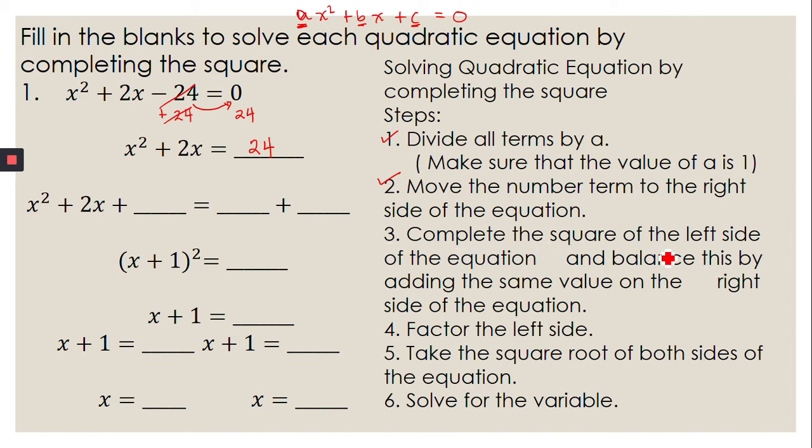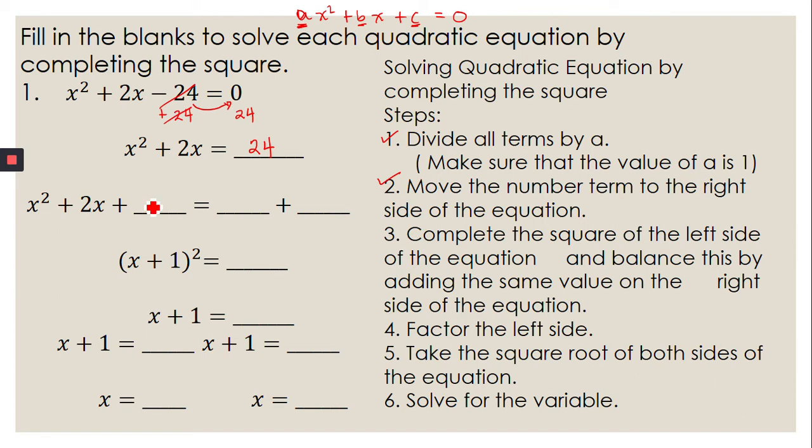Complete the square of the left side of the equation and balance this by adding the same value on the right side of the equation. We are going to complete the left side by making it a perfect square trinomial. So how do we do that? To do this, you have to get the value of your b.